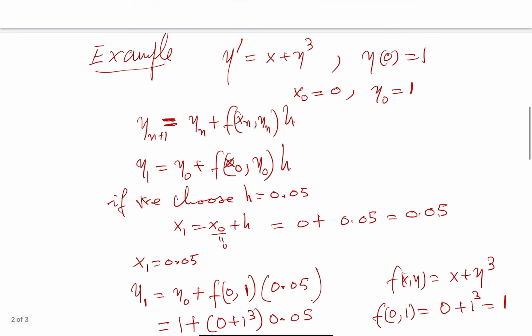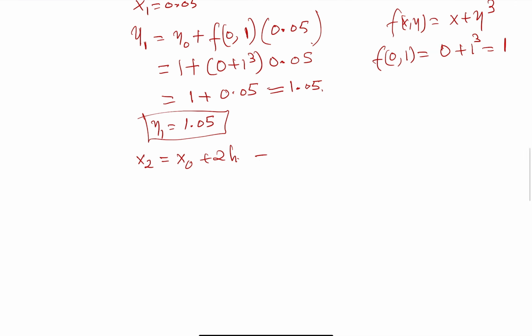We know x naught is equal to 0, so we end up having 0 plus 2 times h. h is 0.05. Let me calculate, 2 times 5 is 10, and then it is just 0.1. x2 is 0.1. That's the way you have to do it.